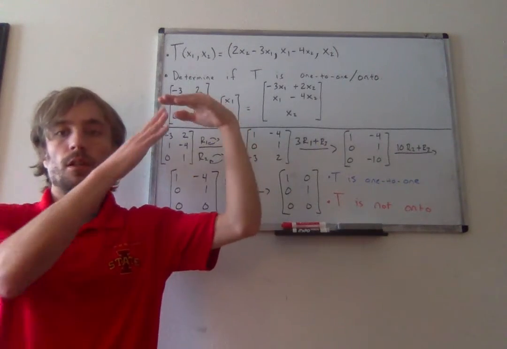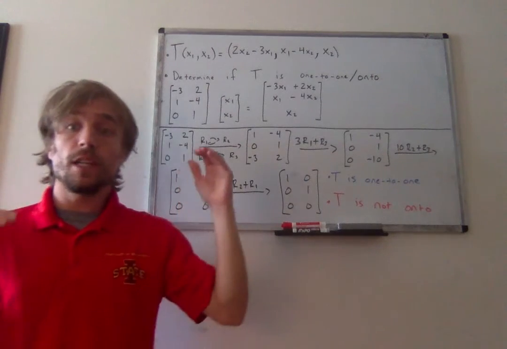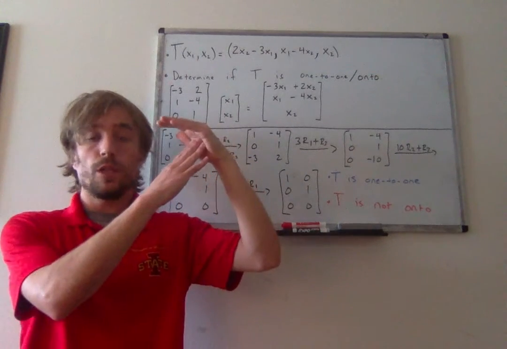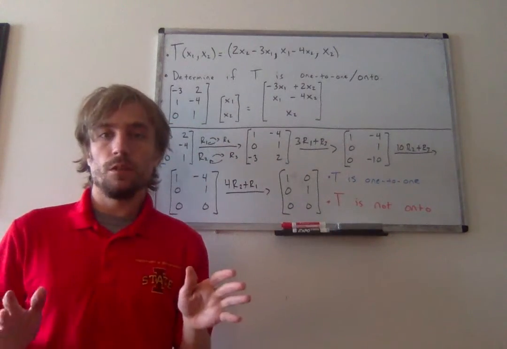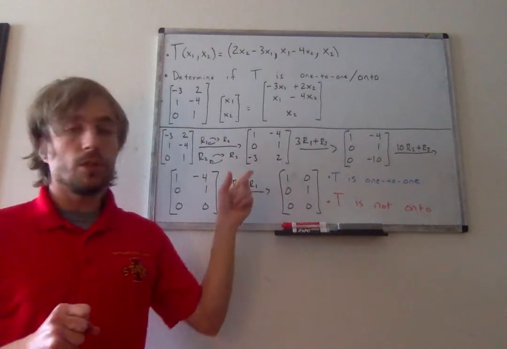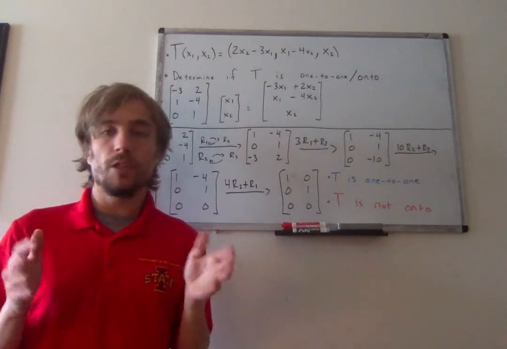Anytime we're starting in a space with smaller dimension and going to a space with a larger dimension, the transformation will never be onto. For example, if we were going from R5 to R10, you could immediately tell me that transformation is not onto.